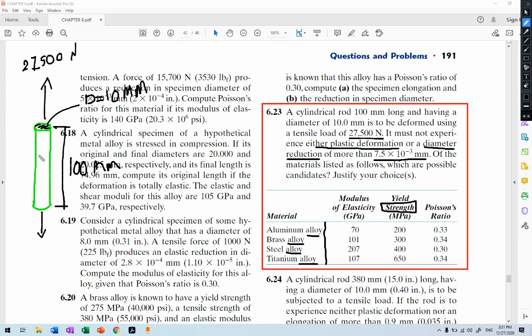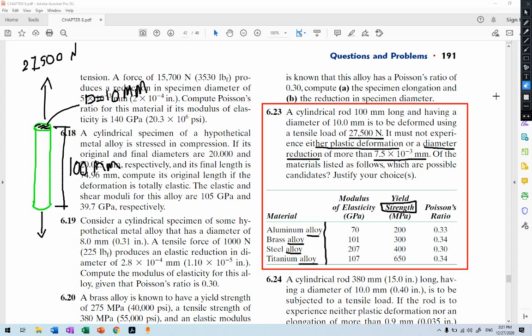And if the stress within the material is more than the yield of any of these materials, we know that that material cannot be used. So I need you to understand there is an applied stress which is force over area. If the applied stress, force over area, is more than the yield, we know that if we use that material, the material will be in the plastic zone.